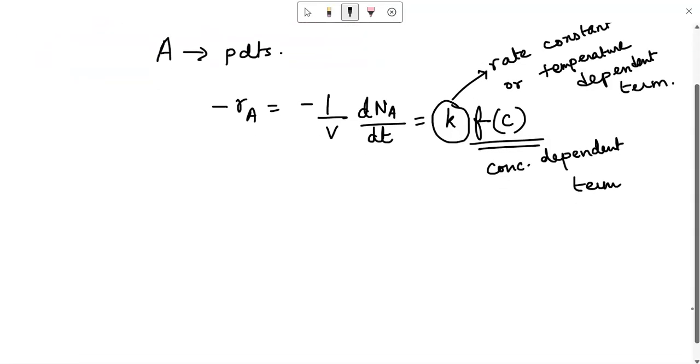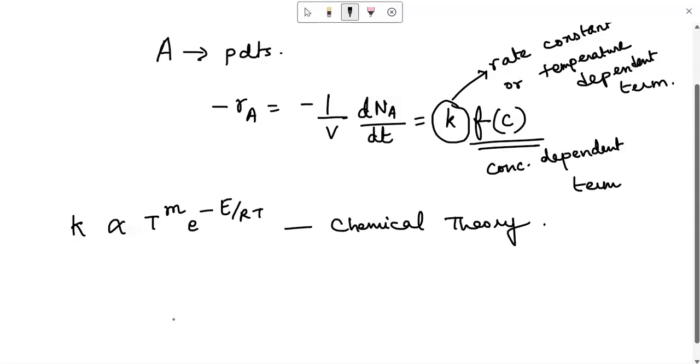Now, as per the chemical theory, the rate constant should be temperature dependent by following this relation: k varies as T to the power m e to the power minus E by RT. This is what chemical theory says.